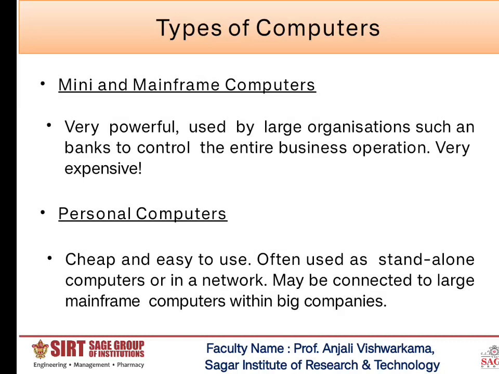The minicomputer and mainframe computer are both powerful and expensive, and are mainly used for business purposes and in big organizations. The personal computer is a cheap computer used for general purposes, like in schools, hospitals, offices, and colleges, where we have to do simple work.